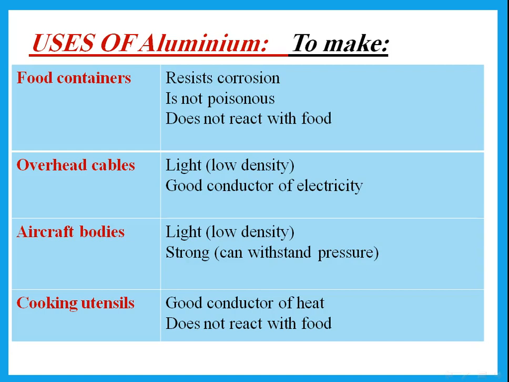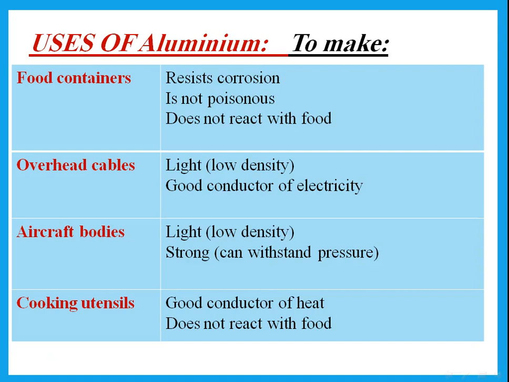Do you know what are overhead cables? These are the electric wires that are carried on poles outside in the streets or in the fields. So these are called overhead cables, the electric wires that are carried on poles.